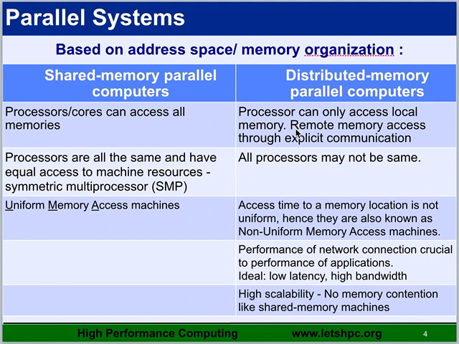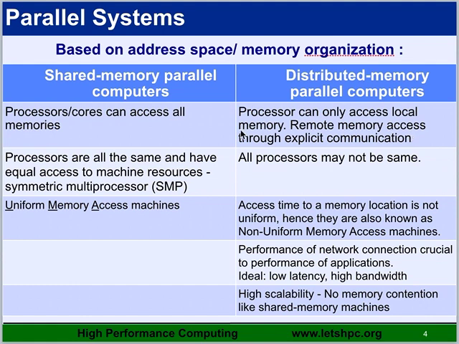It can access the remote memory, but that will require explicit communication. So that's why we need to make sure that these memory accesses, which take place through explicit communications, are done properly, and certain protocols need to be followed.